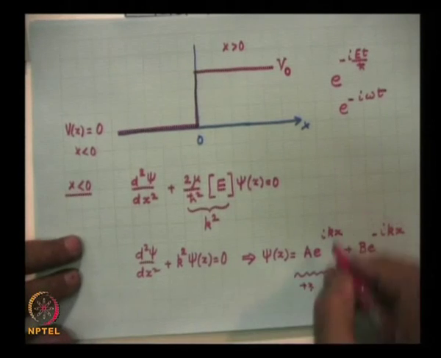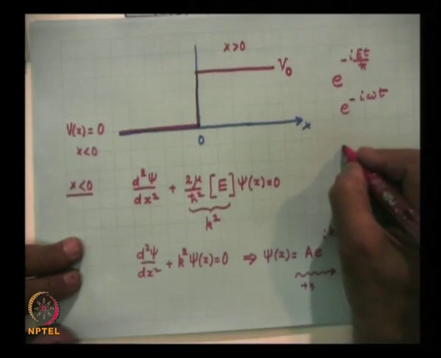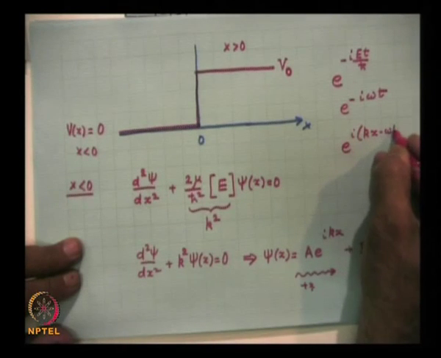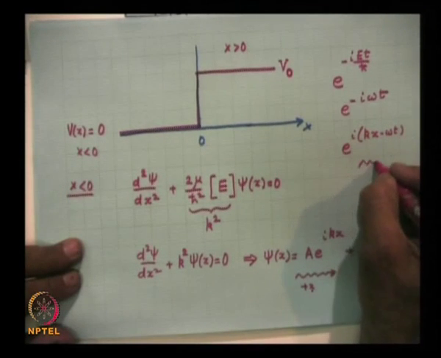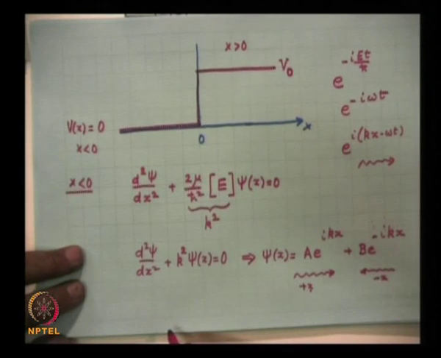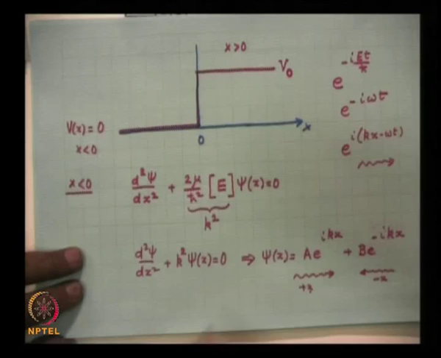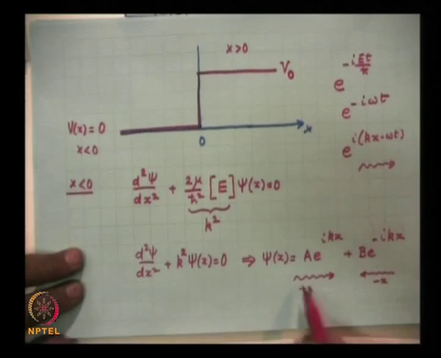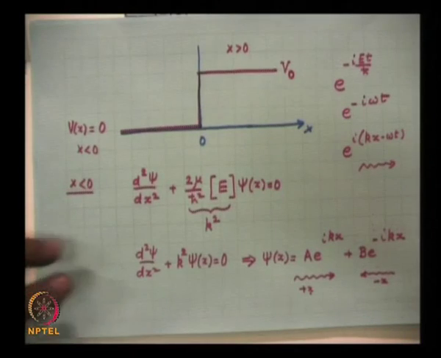Because of that, this complete term becomes e to the power of i (k x minus omega t). So, this is a wave propagating in the plus x direction. If in quantum mechanics this was taken to be the plus sign here, then this would have meant a wave propagating in the minus x direction.